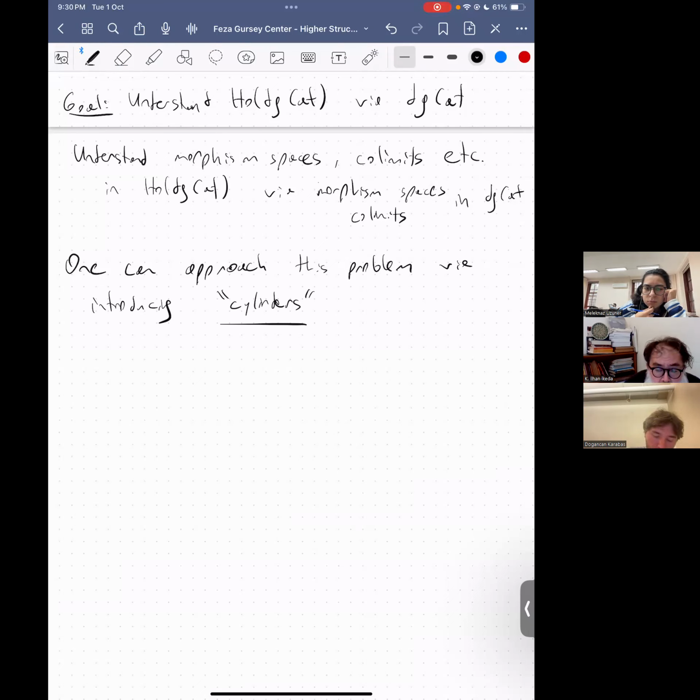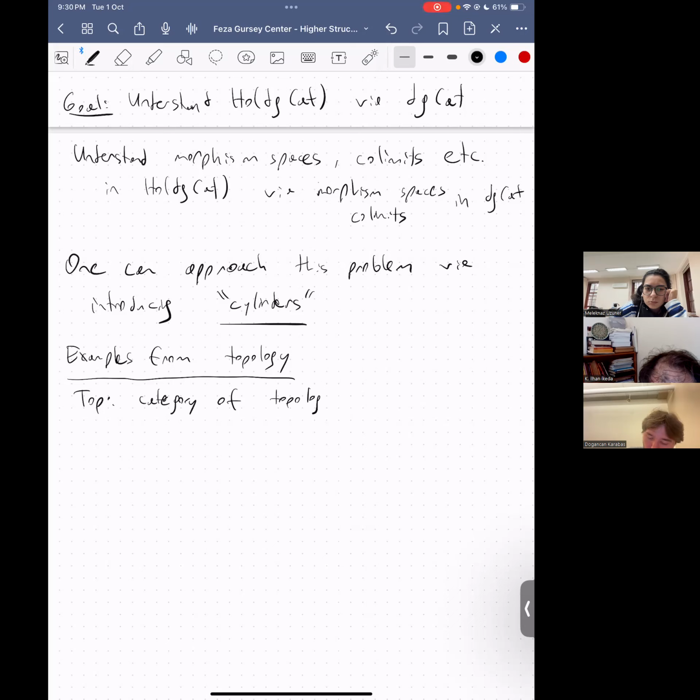So, an example from topology. Let's say Top is the category of topological spaces.